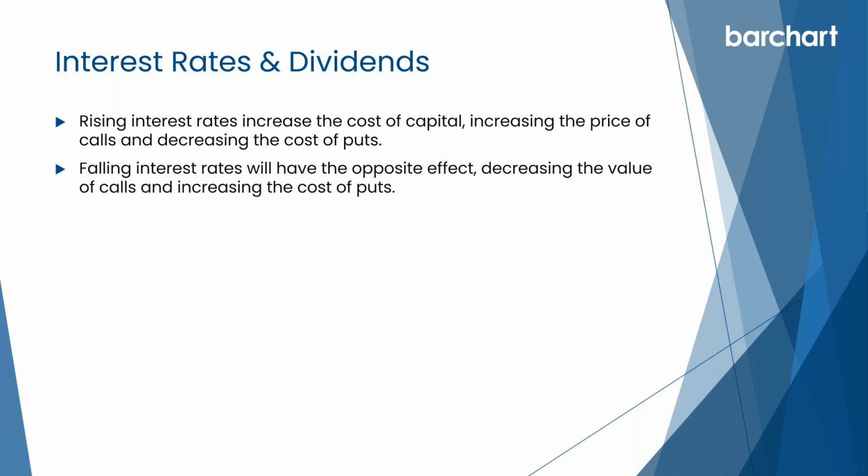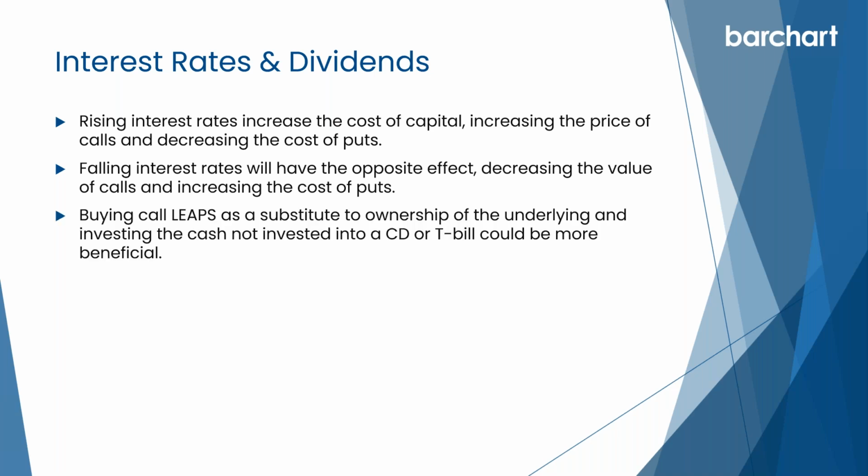Or if I believe interest rates are going to go higher, and I believe my stock price is going to go higher, then maybe I want to buy LEAPS as well. Again, this is the concept of how interest rates affect our pricing and how that falls into an option strategy.